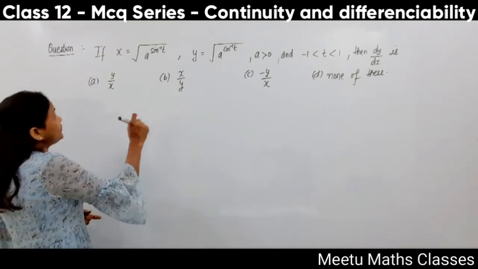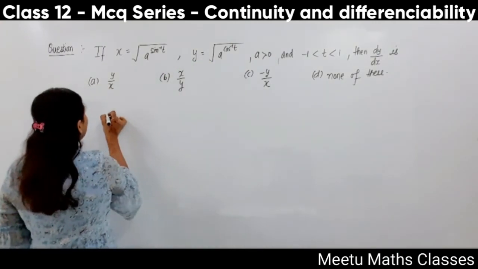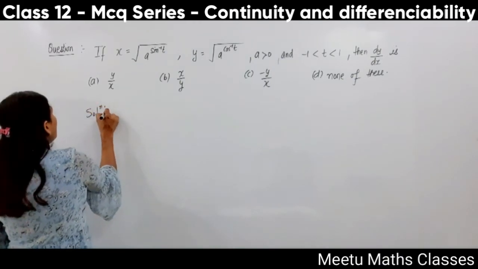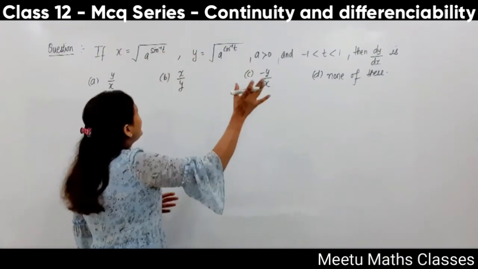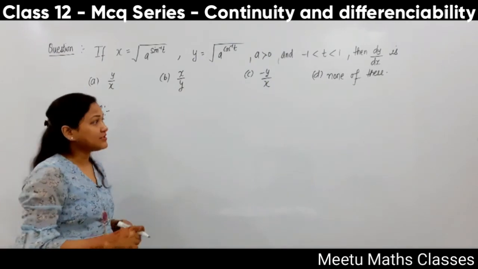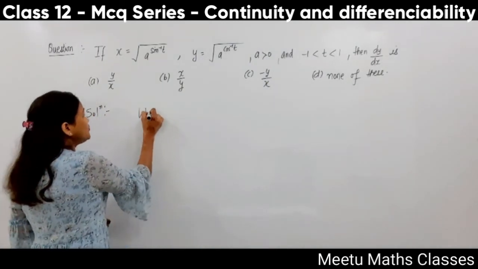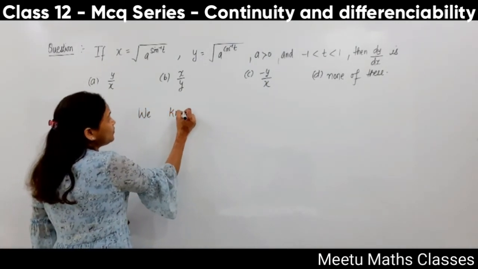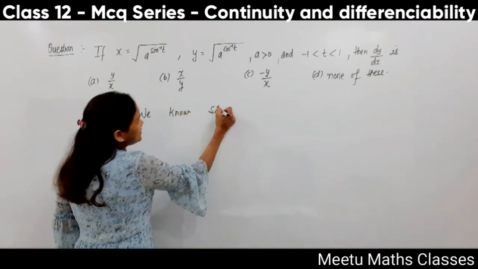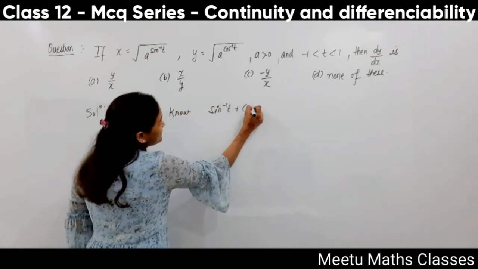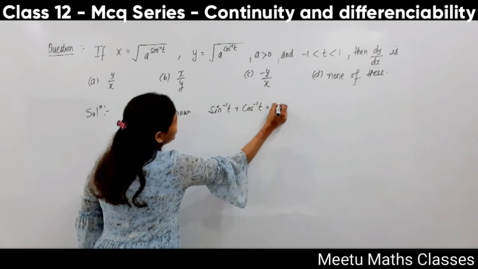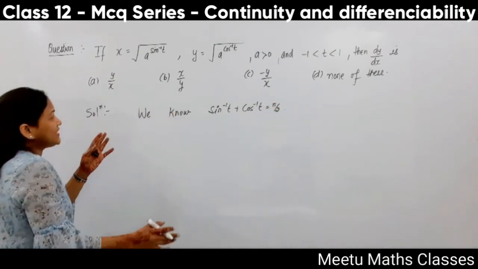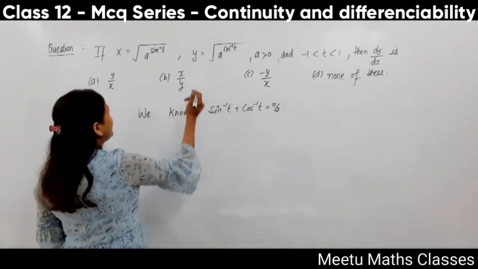Now there is a way to eliminate t here. Now your function involves inverse trigonometric functions, and we know that sin inverse t plus cos inverse t will become pi by 2. So you will do something such that these two powers get added.